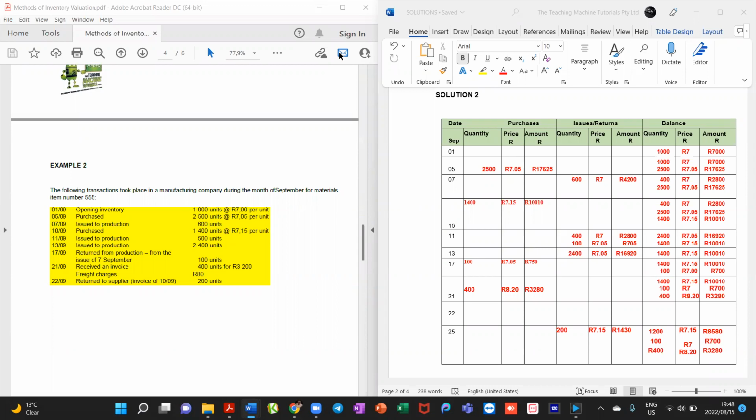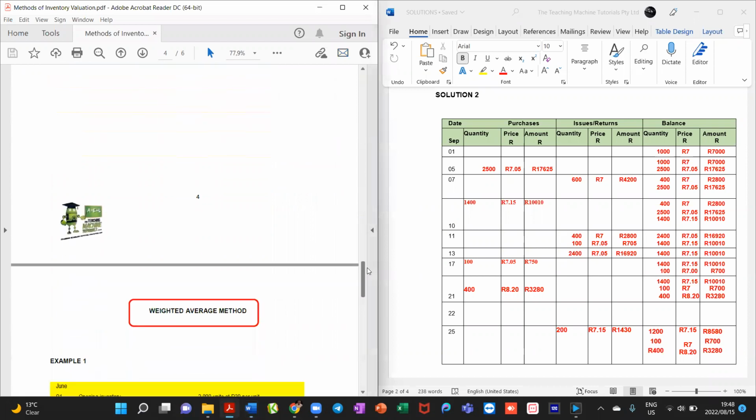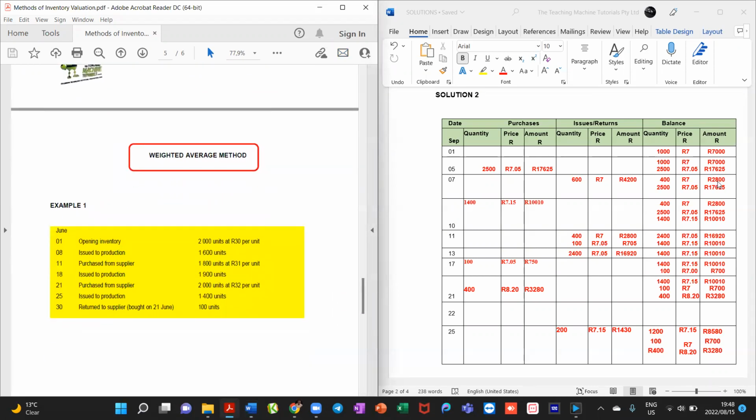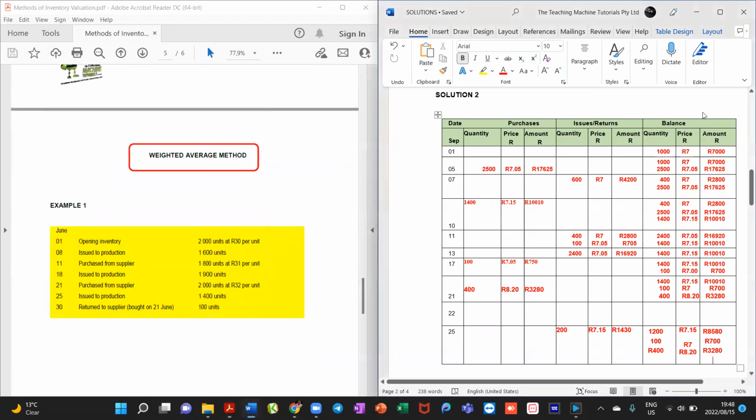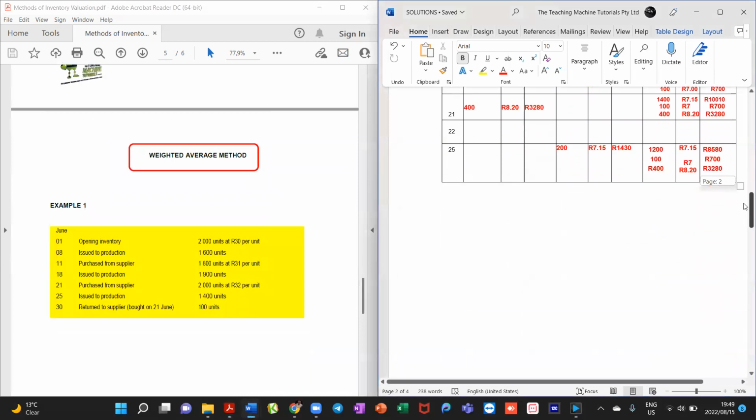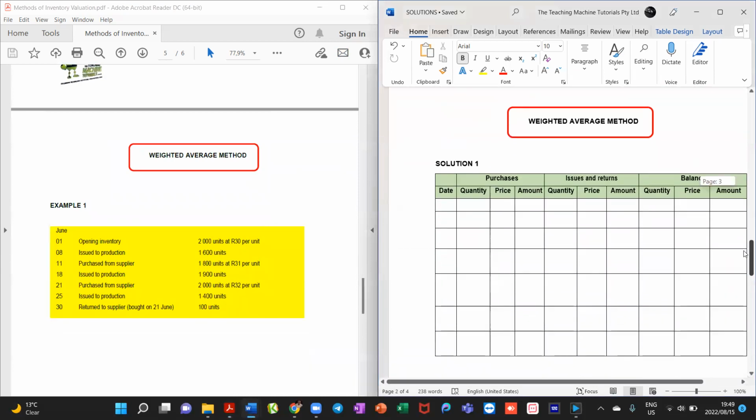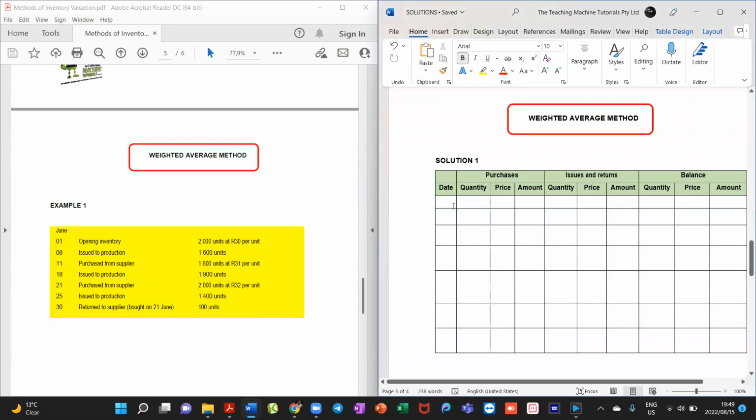Okay, now let's look at the weighted average method. I'm just gonna do one example for weighted average method because it's a simple weighted average. With the weighted average method, you're not gonna maintain the original price.